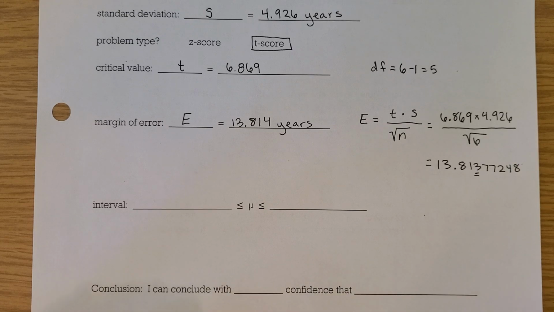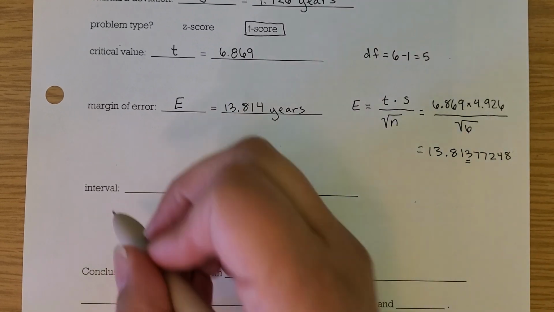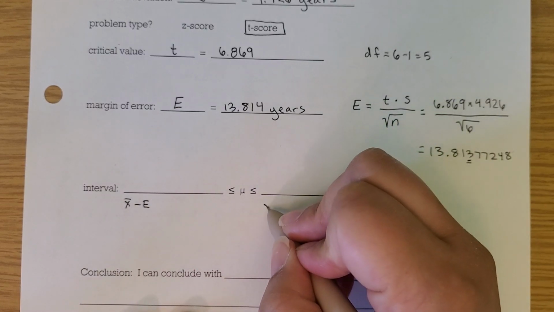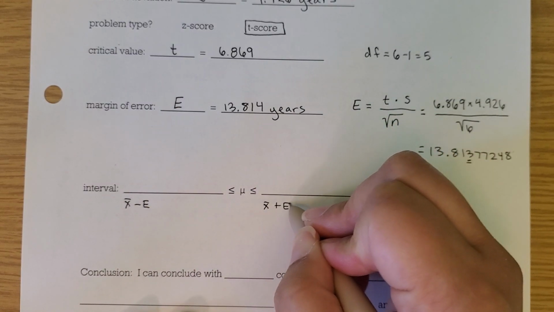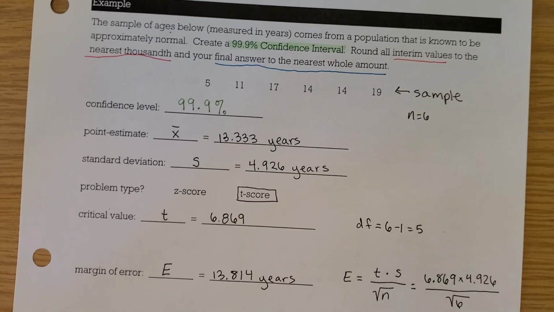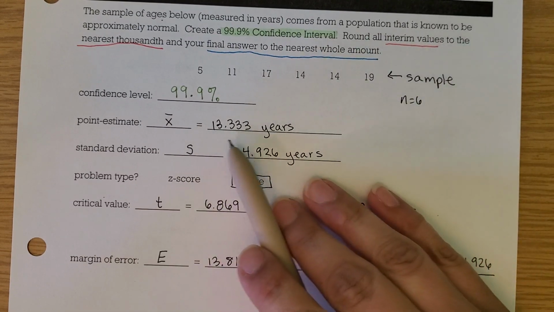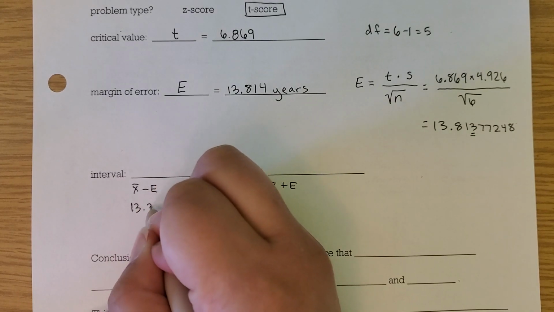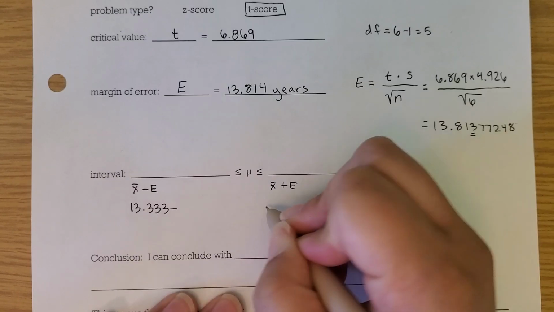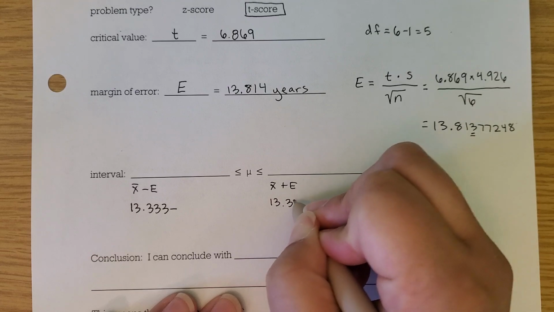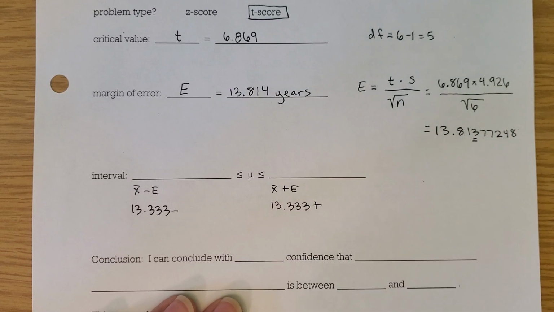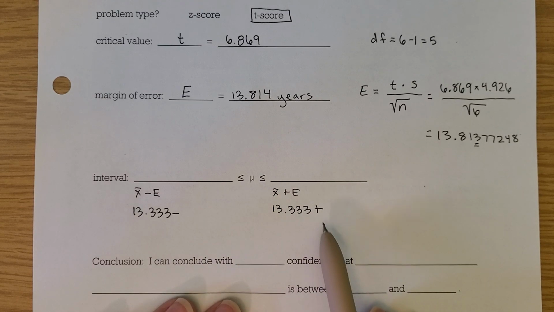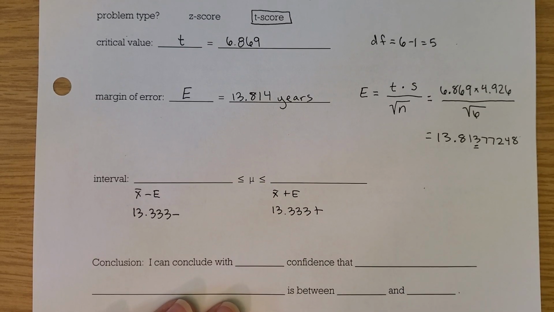All right, we are almost done. So now for our interval, we're going to do x bar minus e, x bar plus e. So x bar was 13.333. Remember, you're always going to do minus first and then plus, because we want these in order small to large.